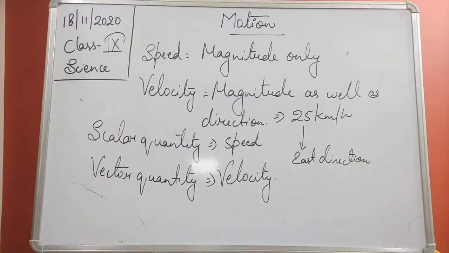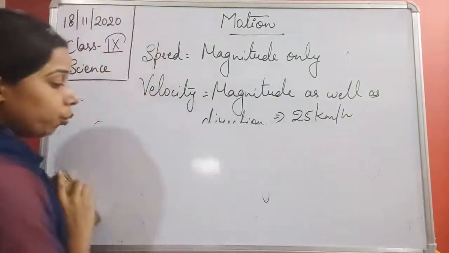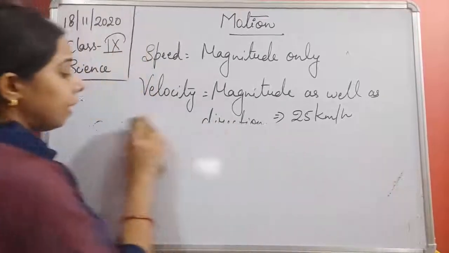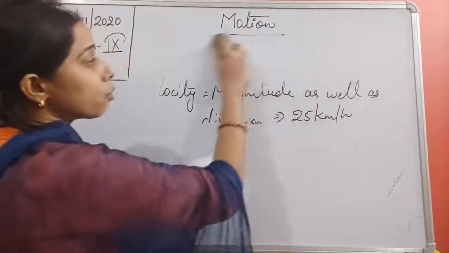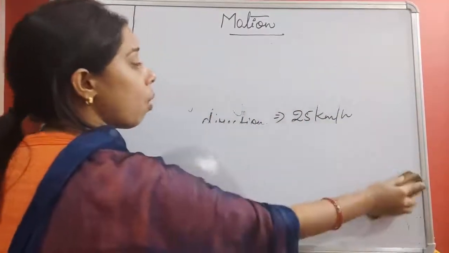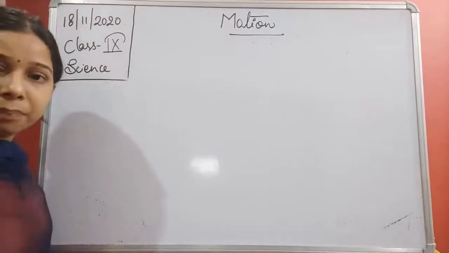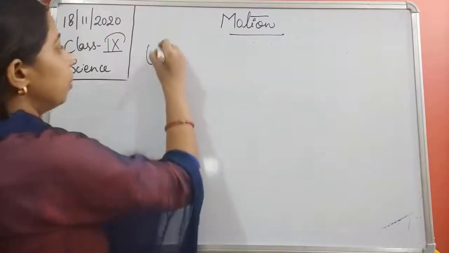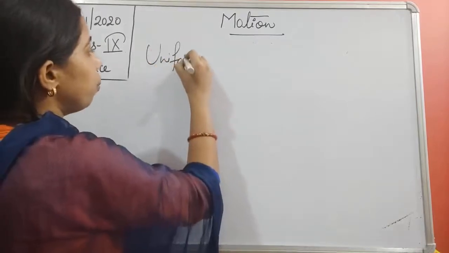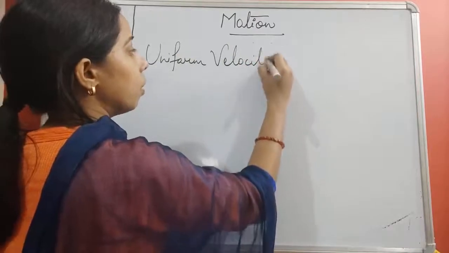Now we will move to another term, and that is uniform velocity. In the previous class, students, when we were discussing speed, we also discussed uniform speed. Now we will talk about uniform velocity.